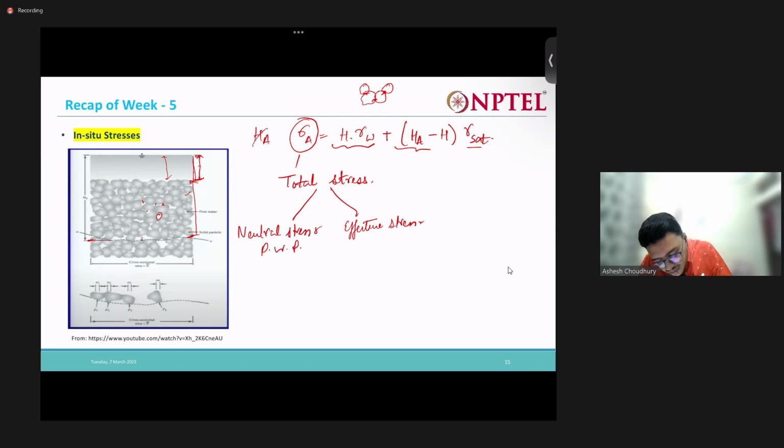The other part of the load is carried by the water, so that is not our concern. What governs the strength of the soil is our effective stress, because this is where the soil grains come into the picture. That's why effective stress is most important, and all the concepts of soil mechanics, the strength concepts, the shear strength, everything is based upon this effective stress concept.